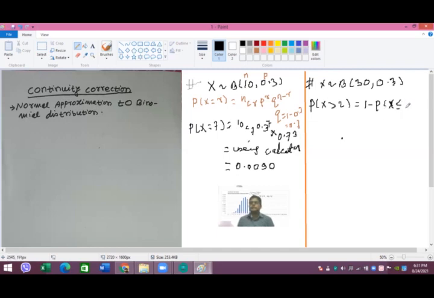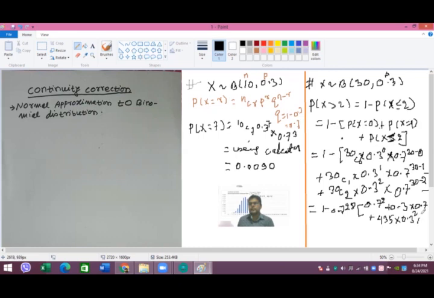Then it is 1 minus, that means, P(x equals 0) plus P(x equals 1) plus P(x equals 2), with 0.7 to the power 28 already taken common, so you are left with 1 over here. By using a calculator your answer will be nearly 0.998.